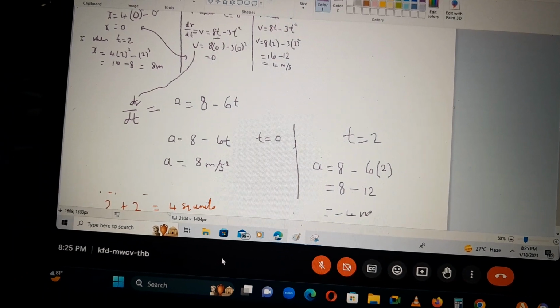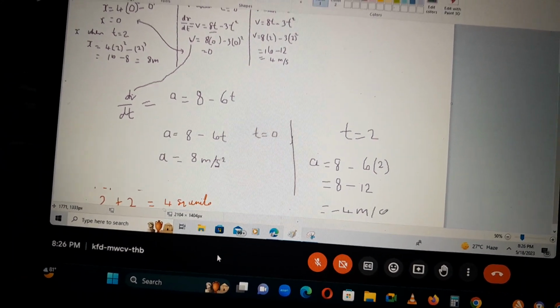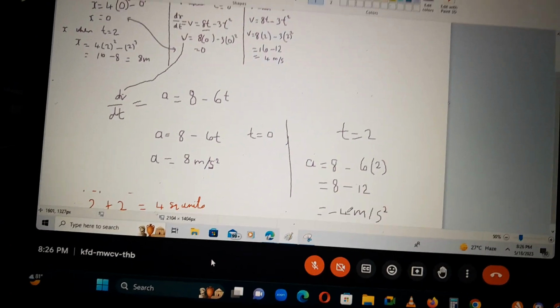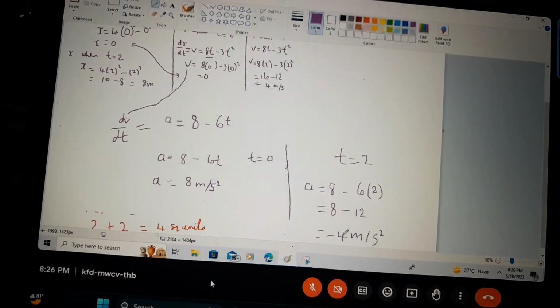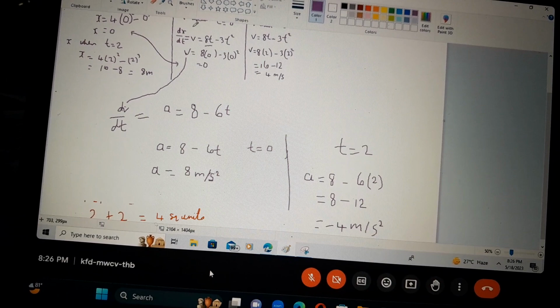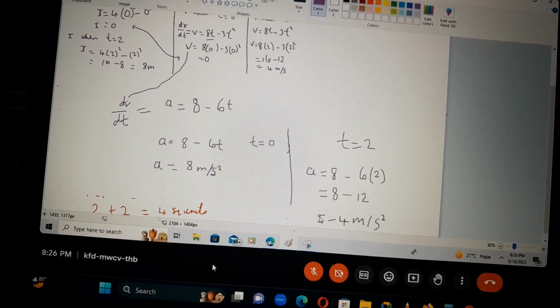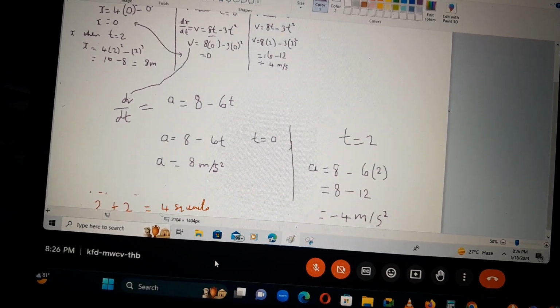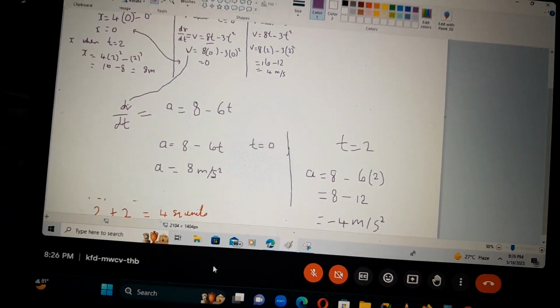meters per second squared. Now, what does negative acceleration mean? Can anyone explain what a negative acceleration is saying? Decrease in speed. Very good, very good.